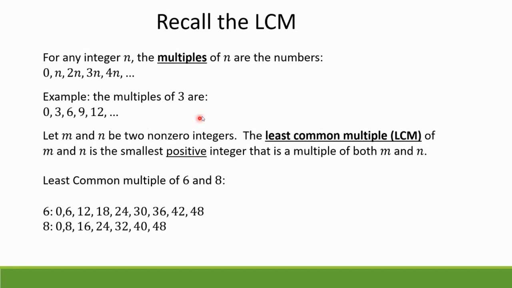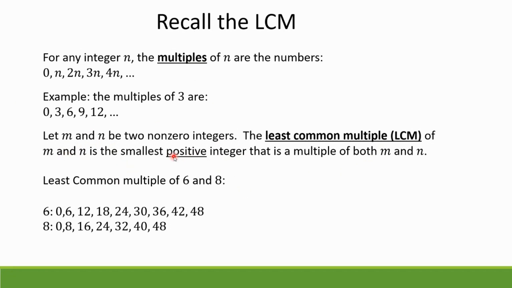Going a little bit faster than I normally would. Again, this is just review. And from this notion of multiple, we define the notion of the least common multiple of two non-zero integers, m and n. And it's really what it sounds like, almost.